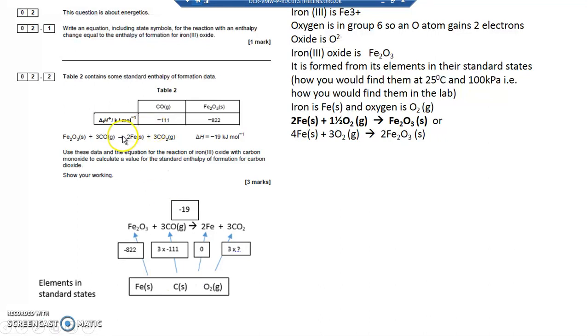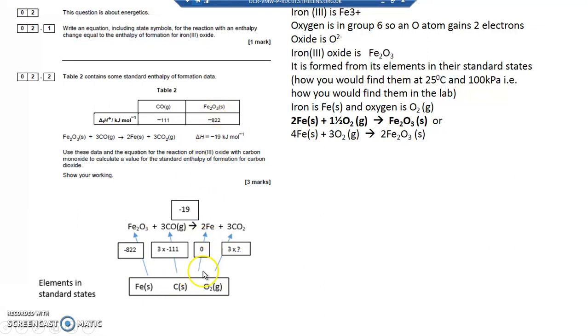Now, to make 1 mole of carbon monoxide here, it's -111. So to make 3 moles of carbon monoxide, it's 3 times -111. To make Fe2O3, it's -822, so from elements in their standard states, from some iron and some oxygen, it's -822 for this reaction here.